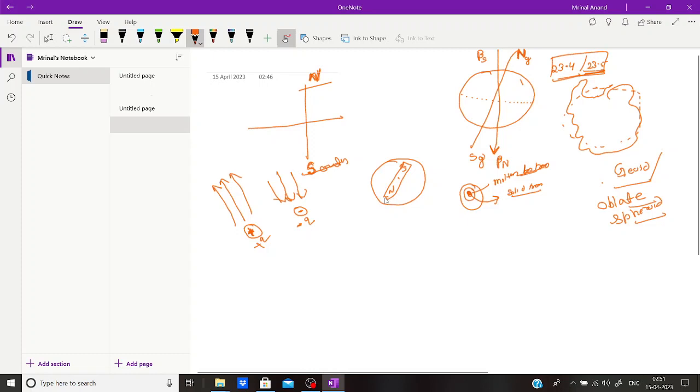That is the reason all the magnetic field will move from north to south like this.